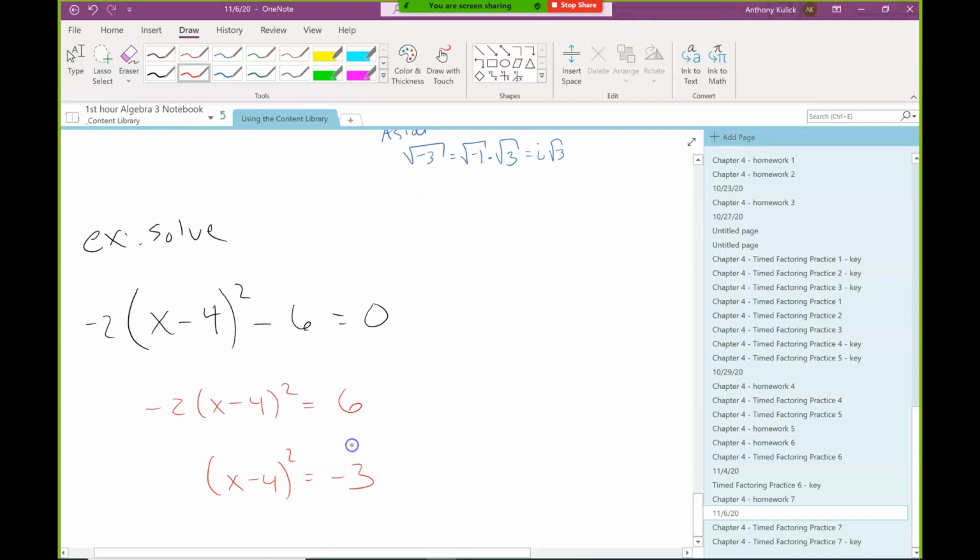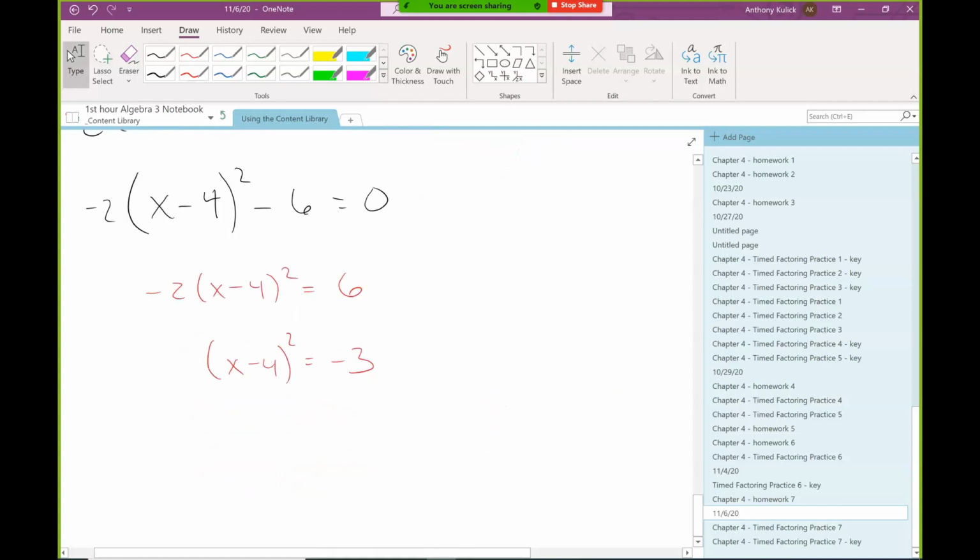So 6 divided by negative 2 is negative 3. And then next I would square root both sides. So remember, when we take the square root of both sides, it creates a plus or minus. And then we have a square root of a negative. So that's going to generate our i, square root 3, just like before.